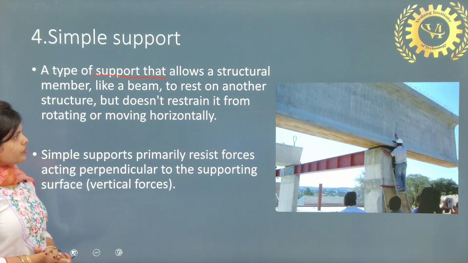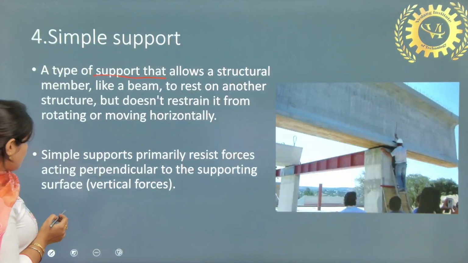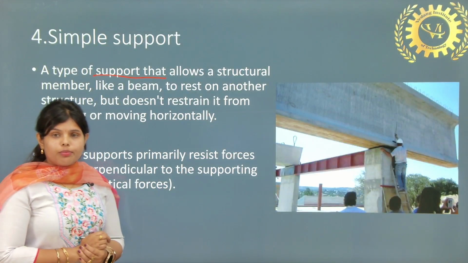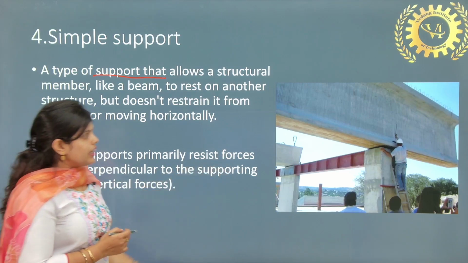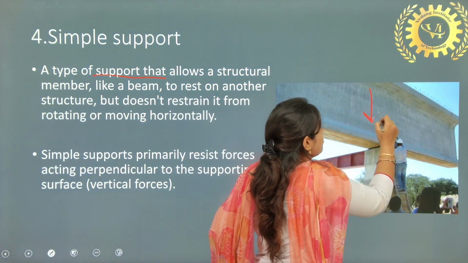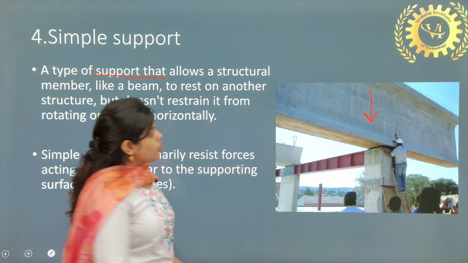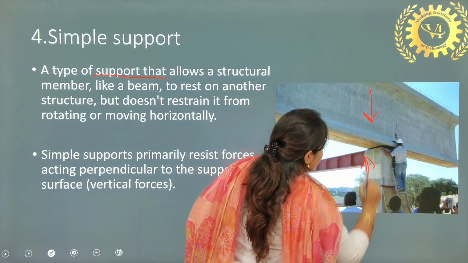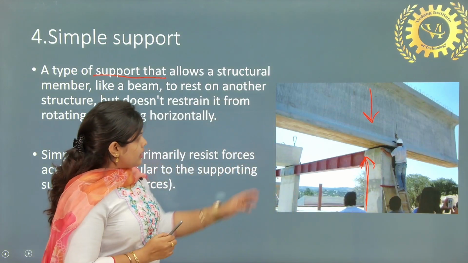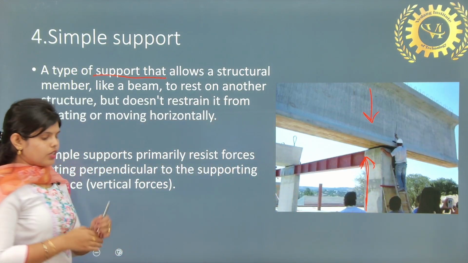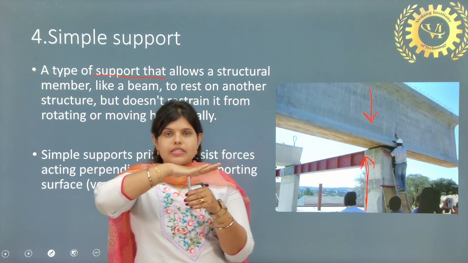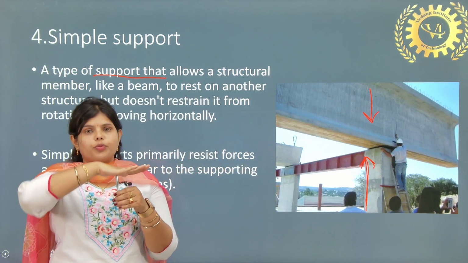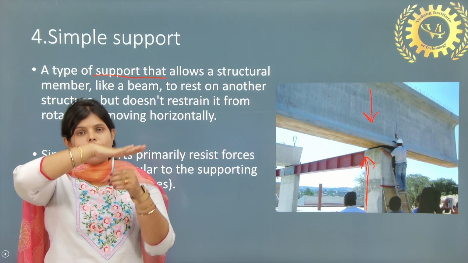It can only resist forces in the vertical direction. If the force comes like this, it can control it. Here is the support and this is another support. This is the example of simple support.